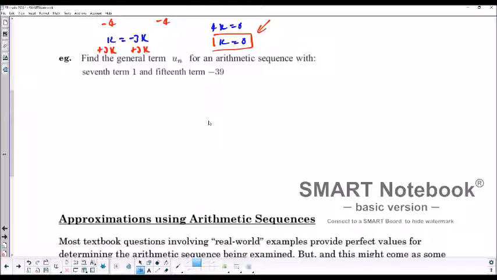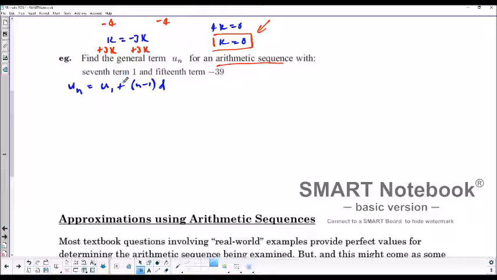Moving along now, we want to find the general term u sub n for an arithmetic sequence. So we know it's arithmetic, so there will be some sort of common difference, with the 7th term of 1 and the 15th term of 39. So if we start out again with this form, u1 plus n minus 1 times d.